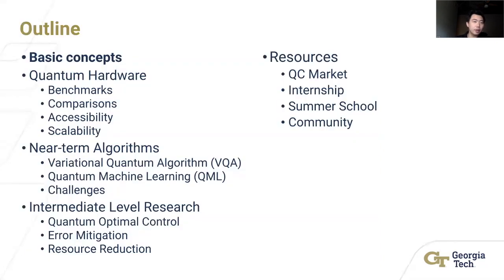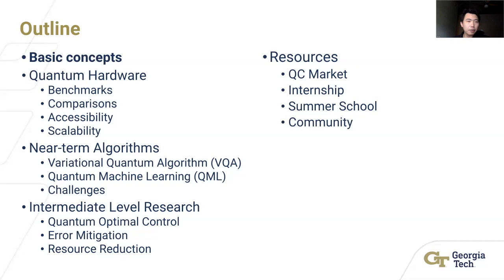First, I'm going to talk about basic concepts: what is a qubit, what is a quantum circuit, and how you do quantum measurements. Then I'm going to talk about quantum hardware, mostly superconducting qubits and ion traps, basically their physical realization, but not digging into details.